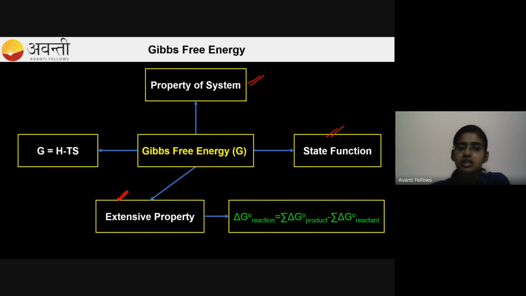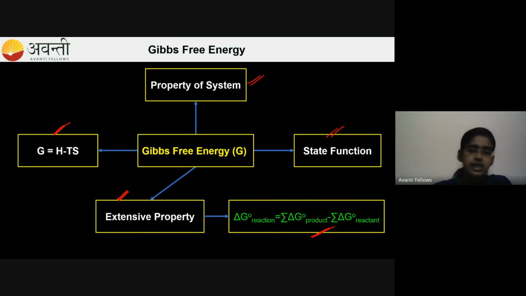Extensive property means the value changes on changing the size of the system. And it also has one formula, G is equal to H minus TS, and delta G naught is equal to summation of delta G naught of products minus summation of delta G naught of reactants. Here, product minus reactant. So all these points you keep in mind.